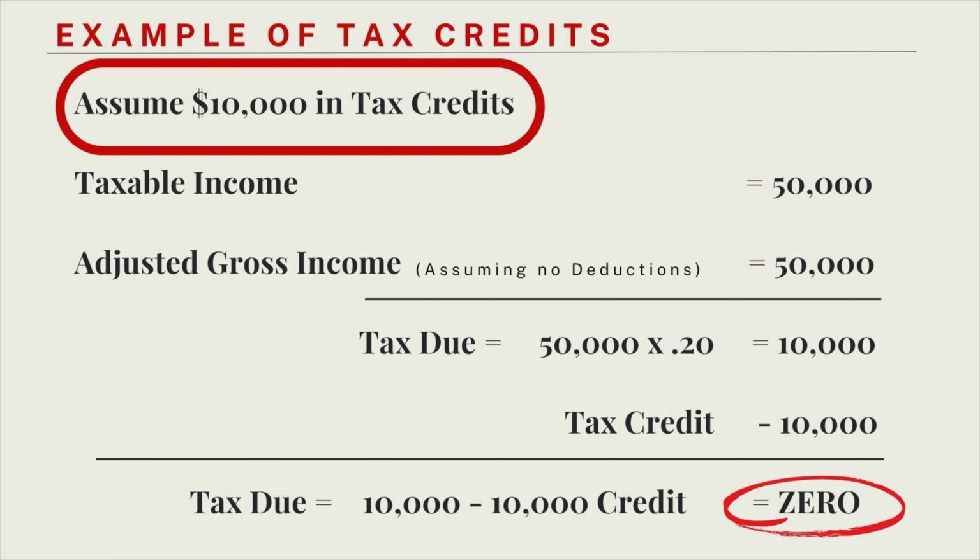Because a tax credit reduces your tax due, you subtract the $10,000 from the tax due. So following the same calculation, 20% of $50,000 is $10,000, and then you take your tax due of $10,000 and subtract the $10,000 tax credit. So your tax due equals $10,000 less the $10,000 credit, which is zero.